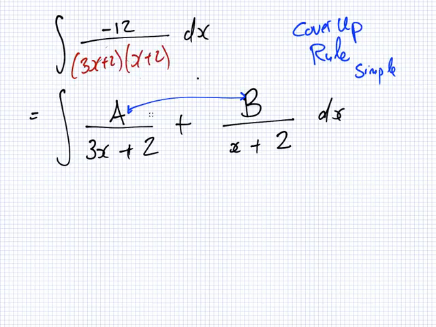So what you do, if you want the A, that A factor is 3x plus 2. So you go to this one and you delete this in your mind, and you make x equal to what you deleted, minus 2 over 3.